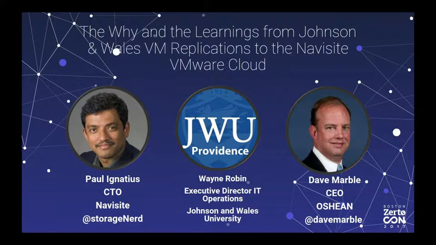Our DR environment today is a mixture of some colo equipment in the Navisite environment and our Zerto. We moved down that path to implement the Zerto solution between our environment and the Navisite virtual cloud, and also replicating to the colo environment where we had our network equipment, storage, and some of our Sun Solaris servers.